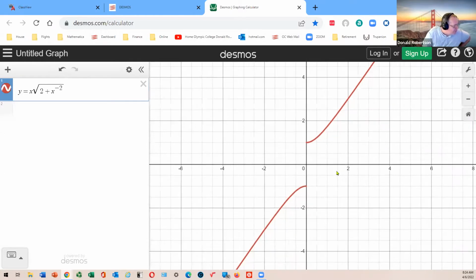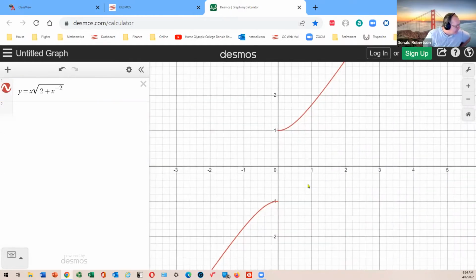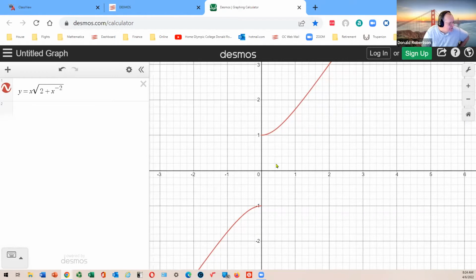Now, I'm going to zoom in here, because they're only interested in that question, what's happening when x gets closer to 0. Would you agree that this does not have an overall limit? Wouldn't the limit as x tends to 0 plus be 1, and the limit as x tends to 0 minus be negative 1?